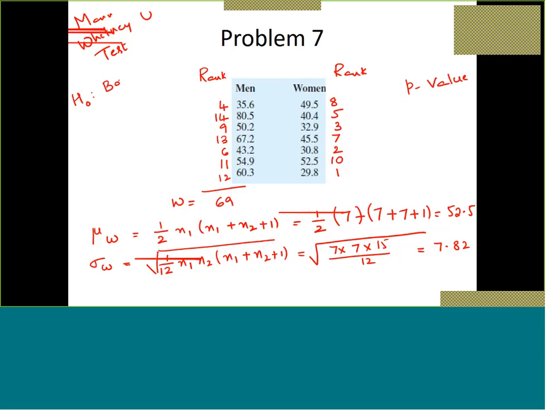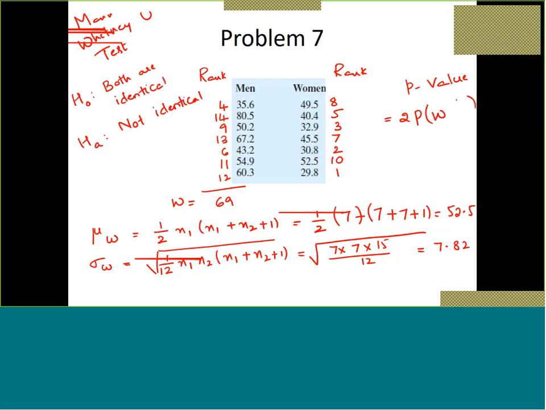Both populations are identical. What is HA? Not identical. So when it is not identical, it is a two-tailed test. So the probability is twice the probability of your test statistic. Double. Now you see the average is 52.5.